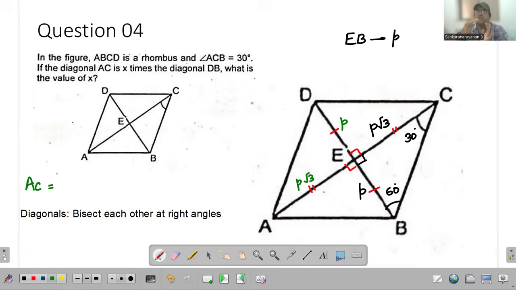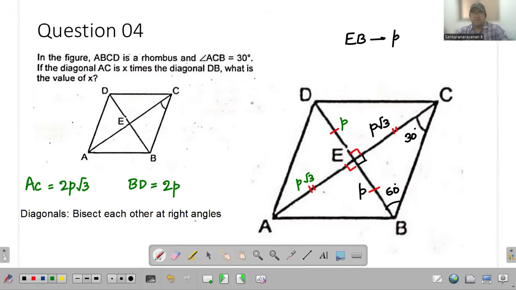AC is equal to P root 3 plus P root 3. I can say that comes here as 2P root 3. And when we are considering BD, it will be equal to our BE plus ED, that is P plus P. I can say that value will come here as 2P.